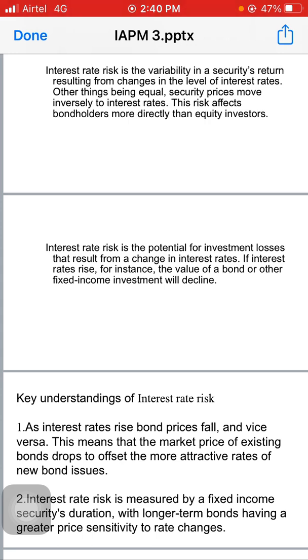Now, let the situation become vice versa. If the interest rate declines, on the contrary, like Mr. A had purchased 10% bonds, and the rate of interest next time the company is issuing is, let us assume, 8%. When it is 8% interest bonds, the people who want to invest in the open market, in the secondary market, would rather opt for the 10% bond which Mr. A is selling rather than these new bonds where the interest percent is 8%.